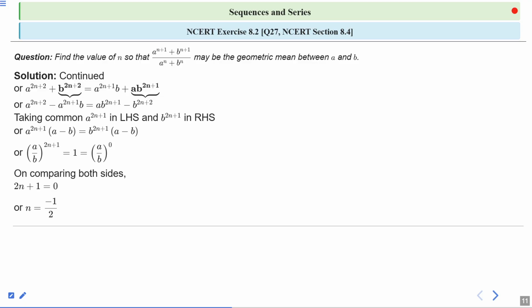So from here you will get the value of n as minus 1 by 2, so that (a to the power n plus 1 plus b to the power n plus 1) divided by (a to the power n plus b to the power n) may be the geometric mean between a and b. So the value of n is -1/2, and this is the final answer.